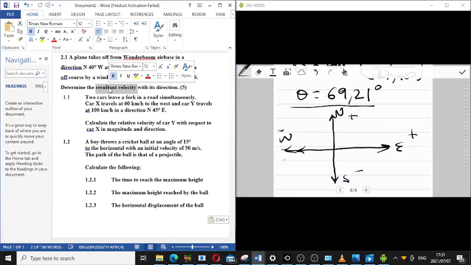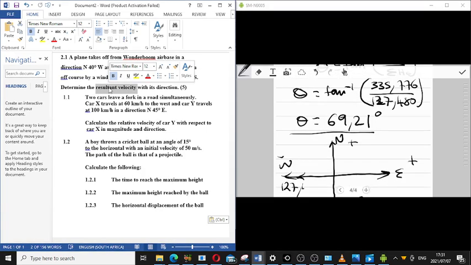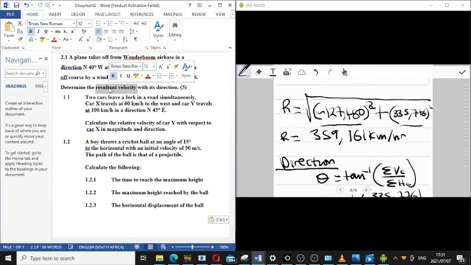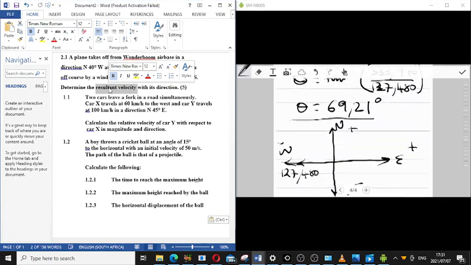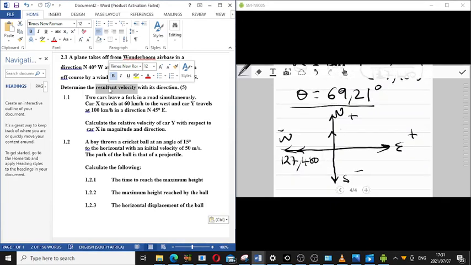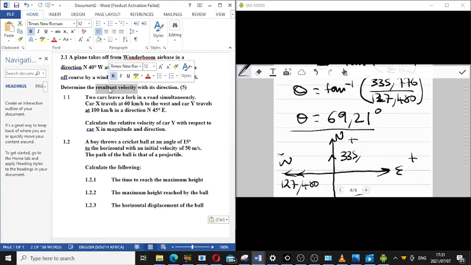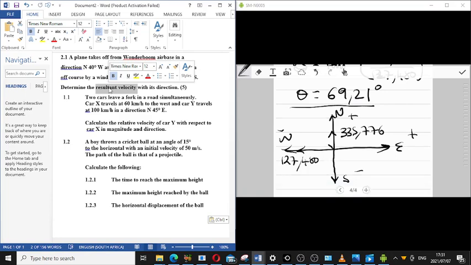And the vertical component we get as positive, so it goes up, which is 335.776. So here, that would be the resultant. The angle that we're talking about is 69.21 degrees. That's the angle theta.